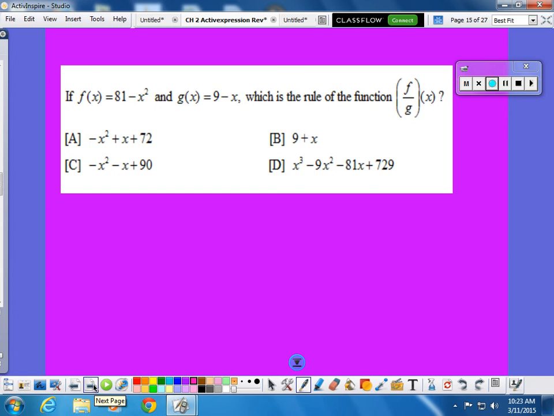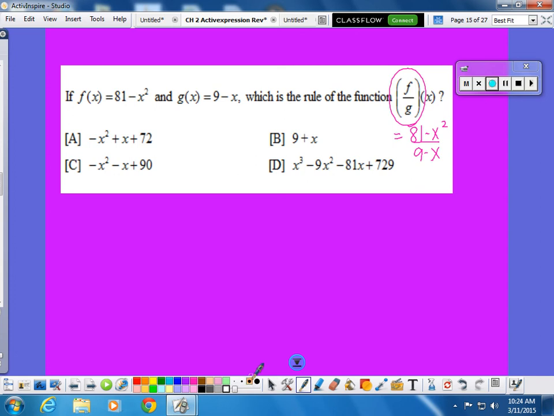Alright, the quotient function, F divided by G. This one's kind of mean. Alright, flashback. Factor 81 minus x squared. Isn't that a difference of two squares? Yes?